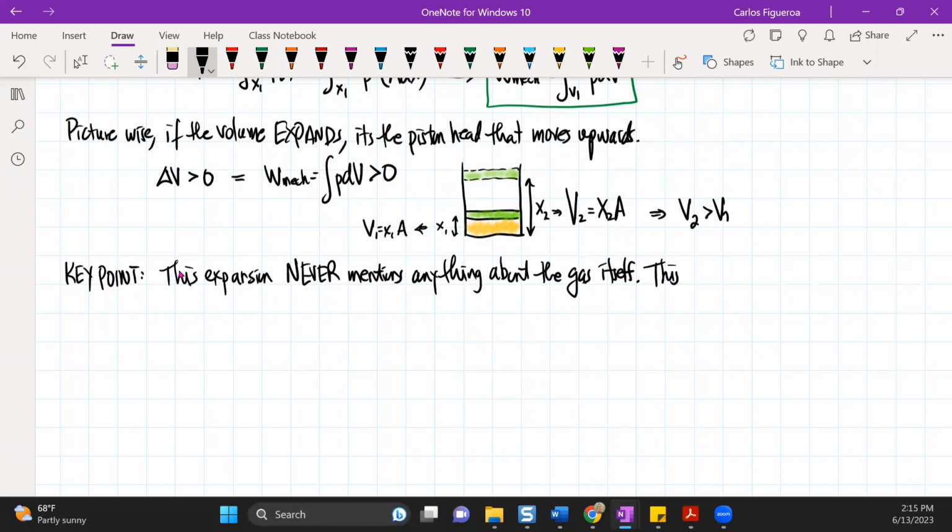This viewpoint is about the state of the piston head, not the gas.